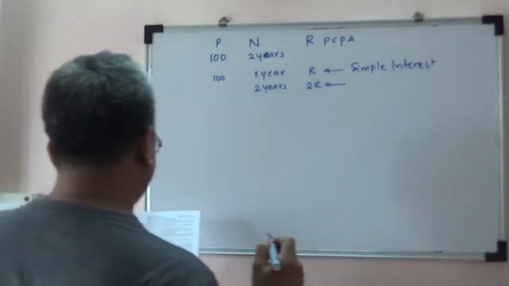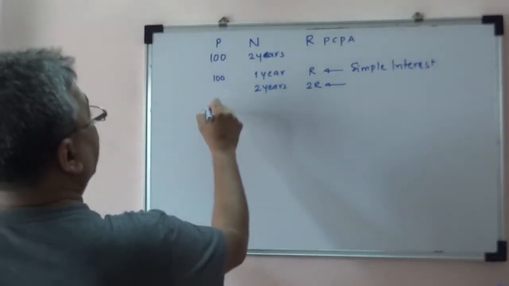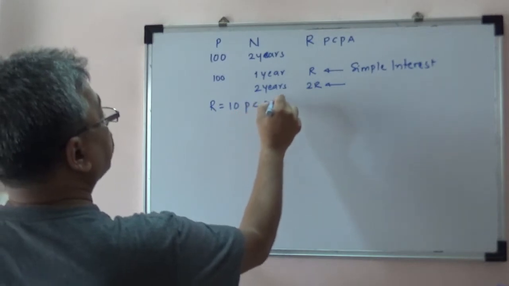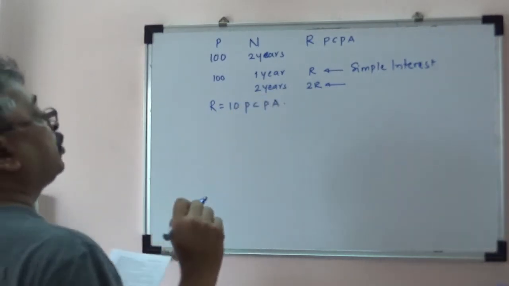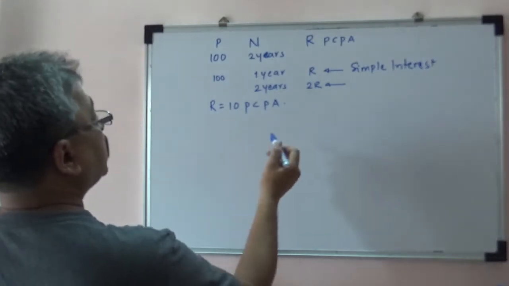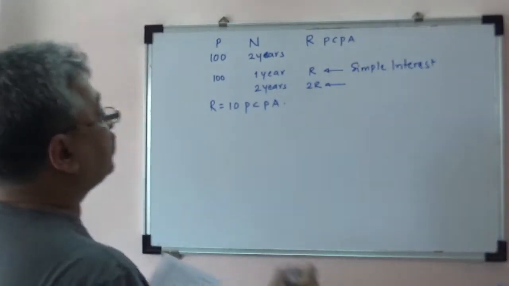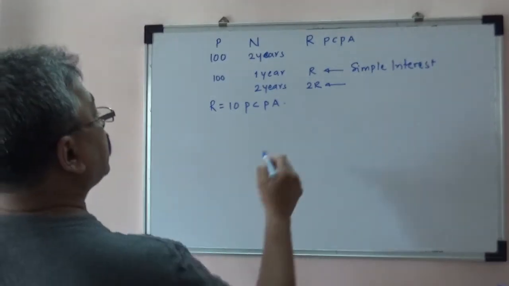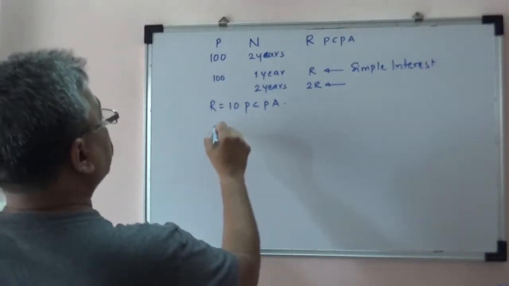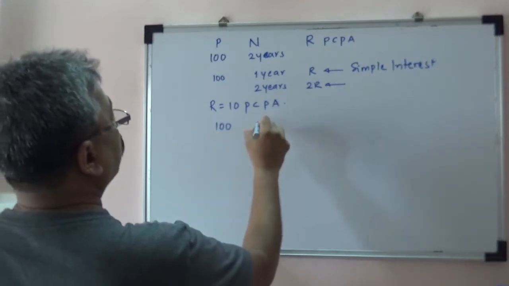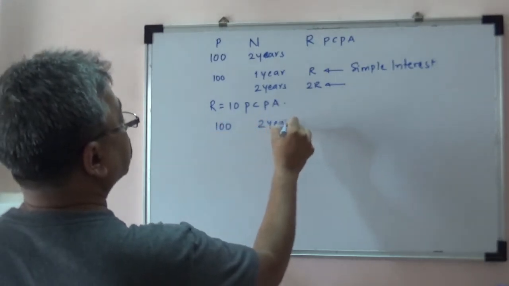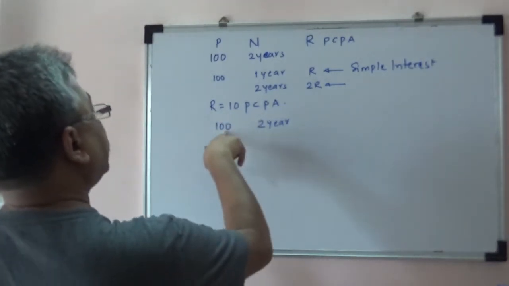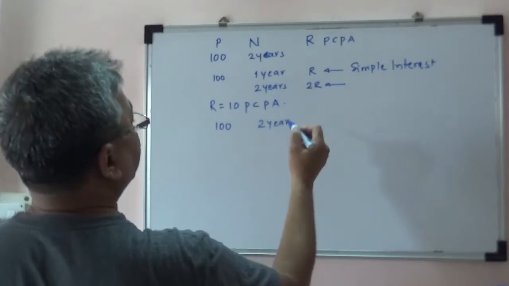Now let us take a numerical example where R is equal to 10 PCPA. So what will be the simple interest after 2 years? The simple interest after 2 years will be 2R. For 100 rupees, if I keep 1 year, I get 10 rupees.